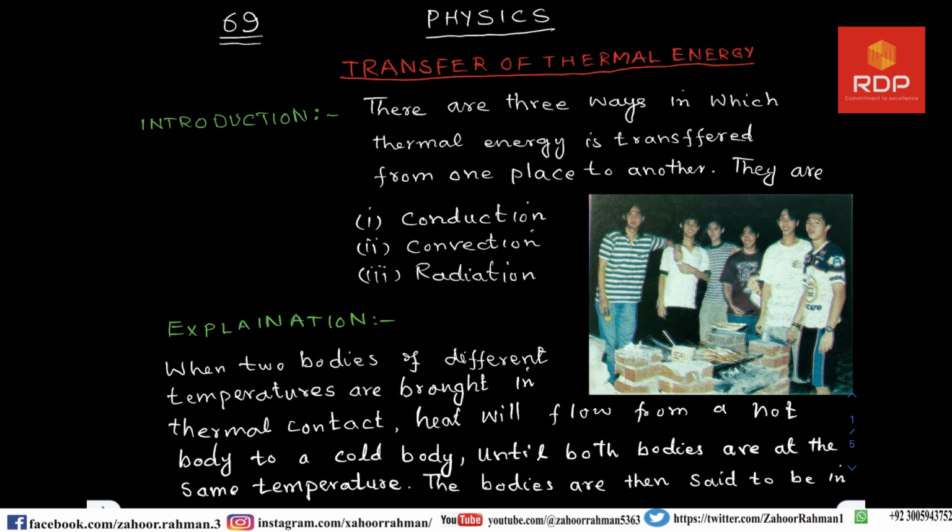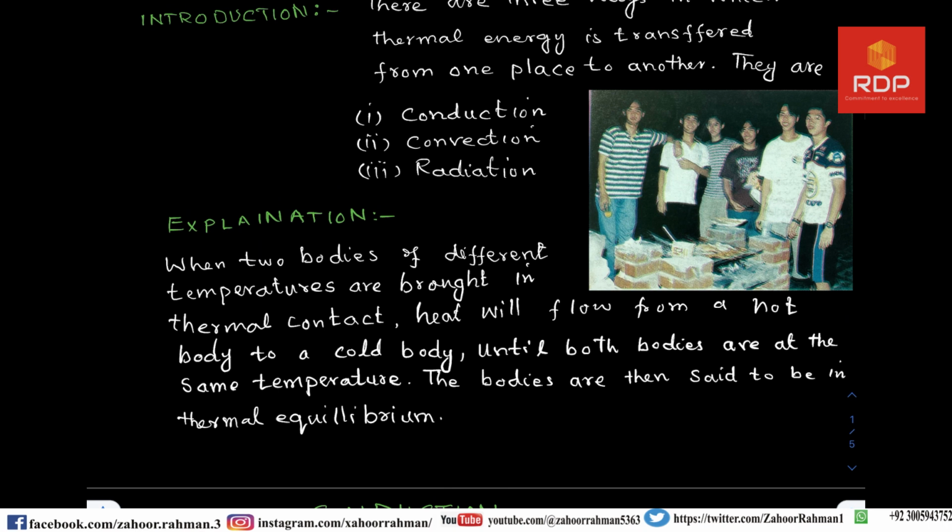In the explanation, I will say when two bodies of different temperatures are brought in thermal contact, heat will flow from a hot body to a cold body until both bodies are at the same temperature. The bodies are then said to be in thermal equilibrium.